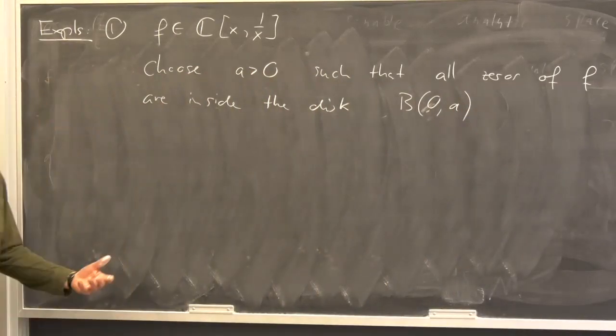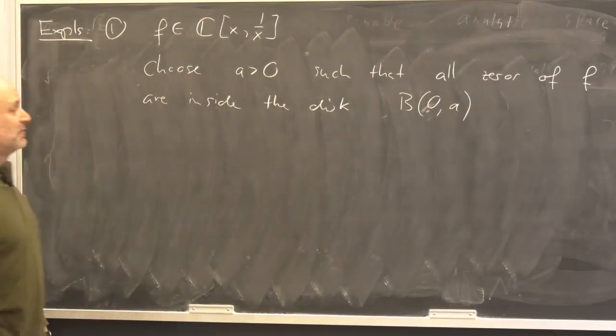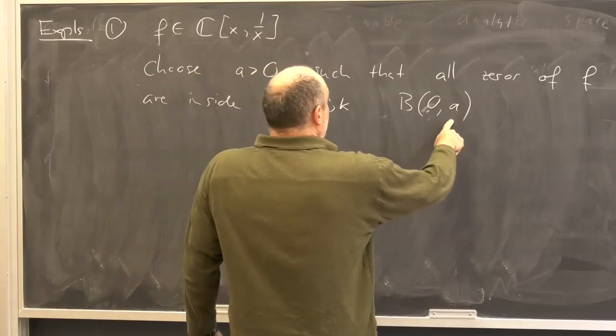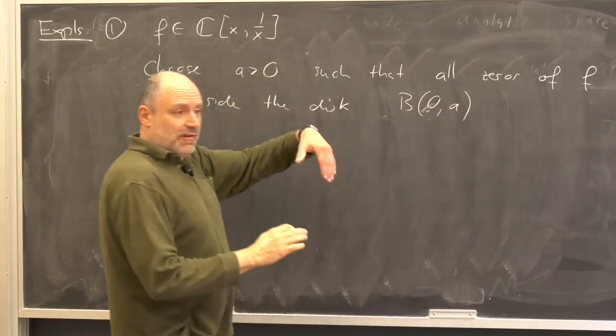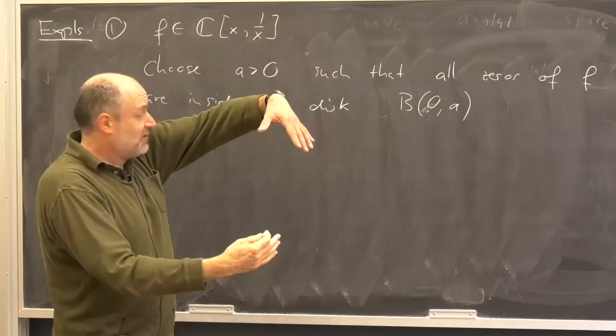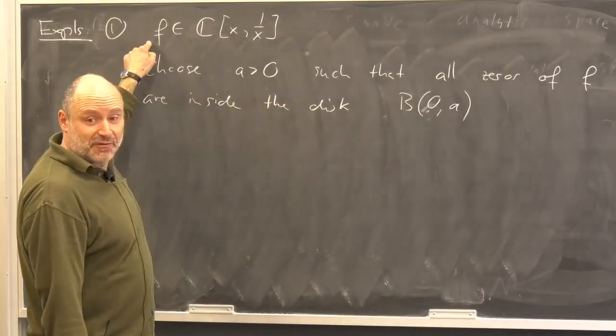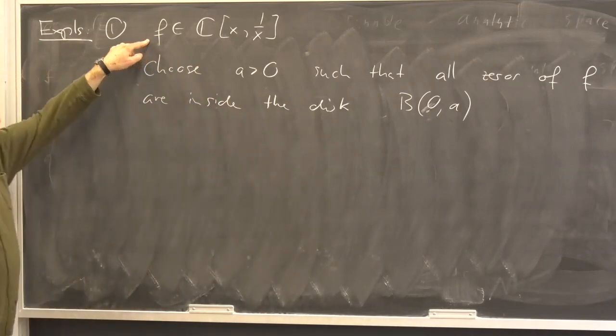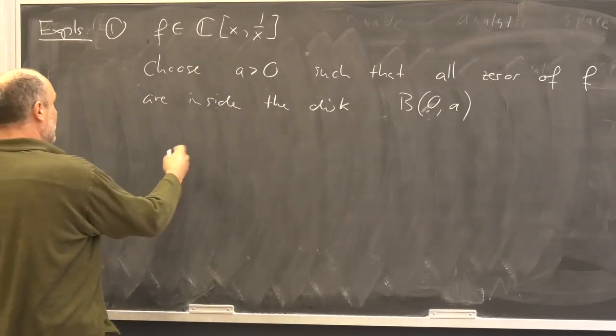It's only finitely many zeros. So they're inside the disk, which means the complement of that disk is a set where this function is never zero. The holomorphic function defined by this is not zero.